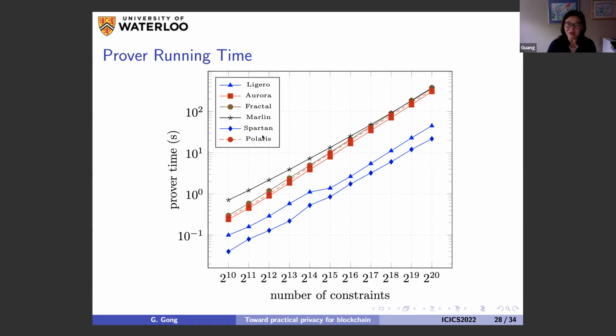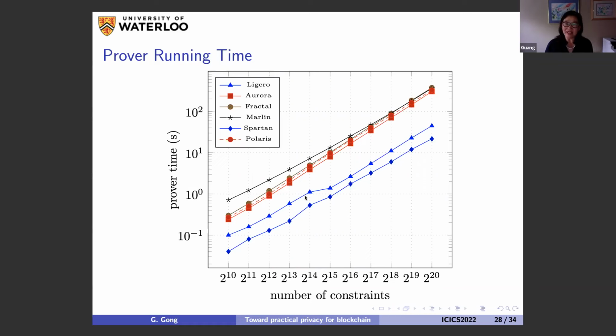Currently we are trying to implement all the different schemes. Then I believe the comparison will be more fair because it's the same platform. Currently we run their experiment, but on their platform. But anyway, even so, Polaris also shows good properties. For example, this is the prover time, which is comparable with Aurora.